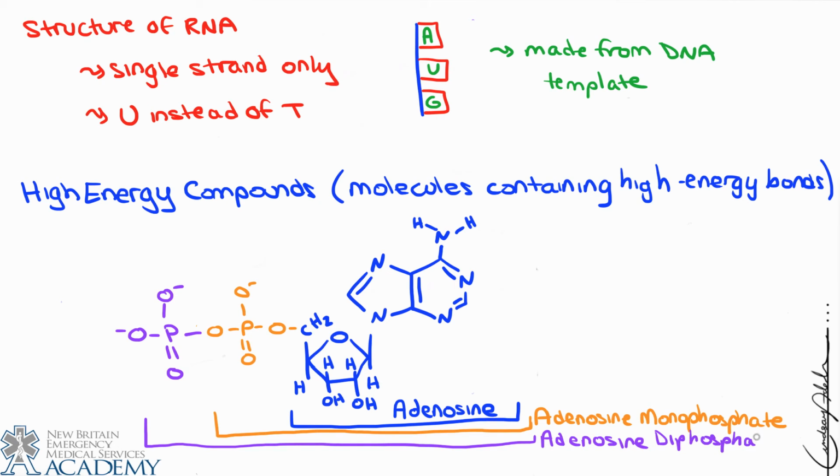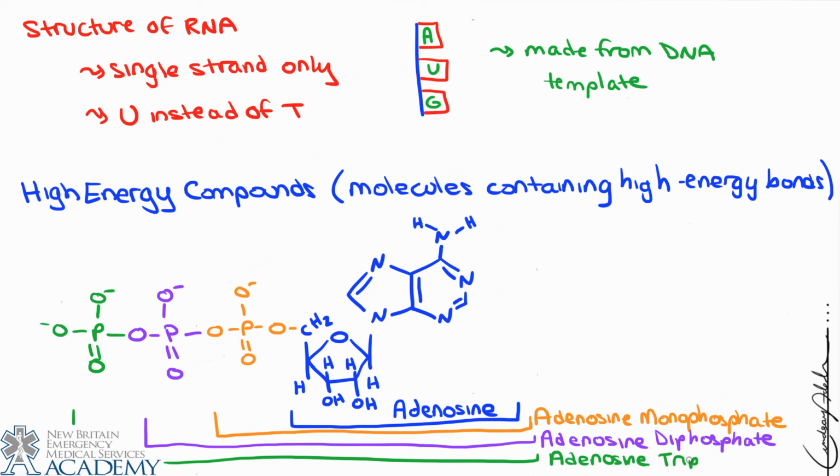And then finally, if we were to attach a third phosphate group, then we would have adenosine triphosphate, or three phosphates. So these three molecules, adenosine monophosphate, diphosphate, and triphosphate, can be abbreviated AMP, ADP, and ATP respectively.